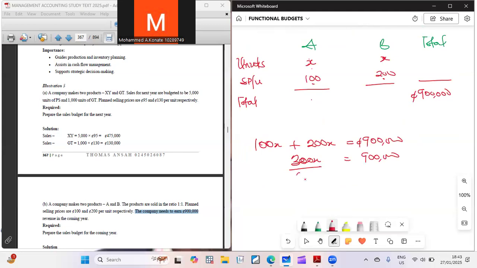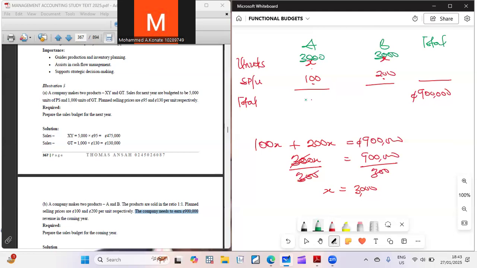Here is 300. X then will be equal to 3,000. So that means that this side, the A is 3,000. Then if A is 3,000, then B is also 3,000.